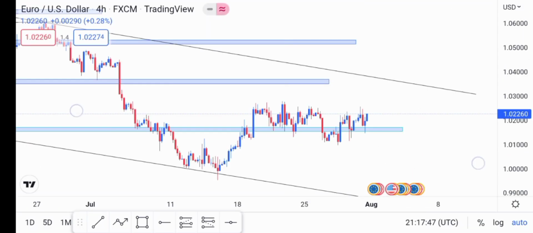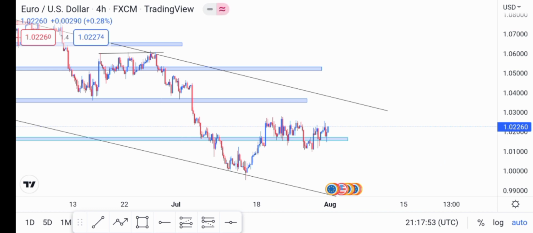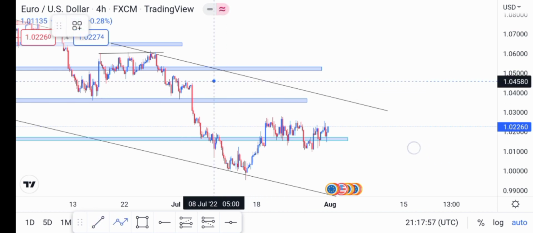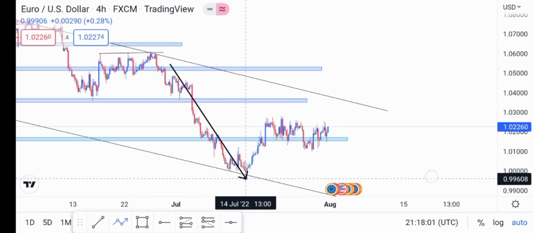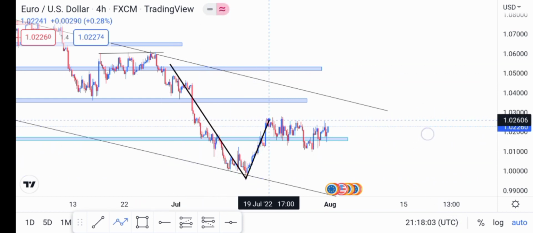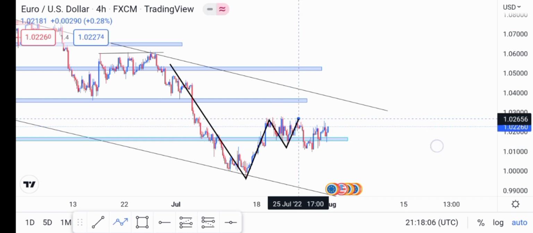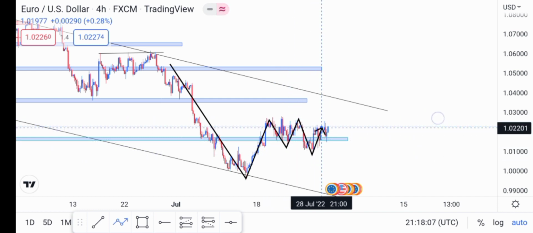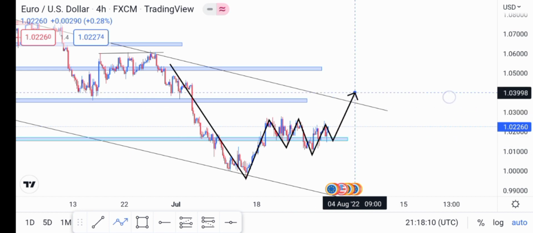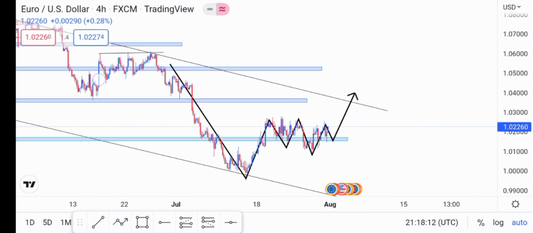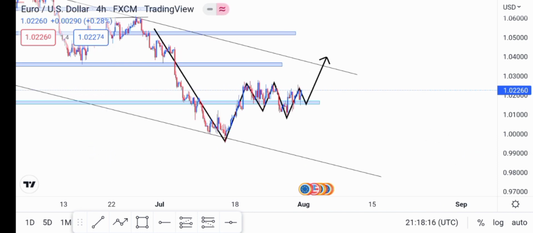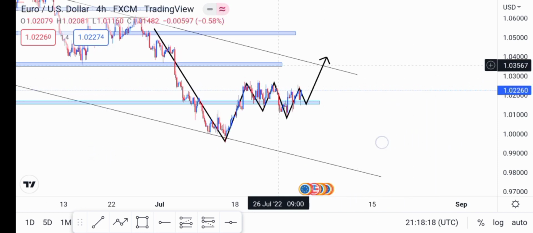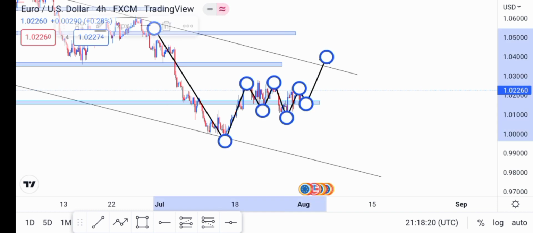All right, so currently, from this point right over here, we have been selling, as I've said, and Euro USD decided to push to the upper side, with a little bit of playing around right around this area here. So we're anticipating a push to the upper side. And as I draw those lines over here, I can see that Euro USD created a little bit of a flag formation. So let us zoom in.